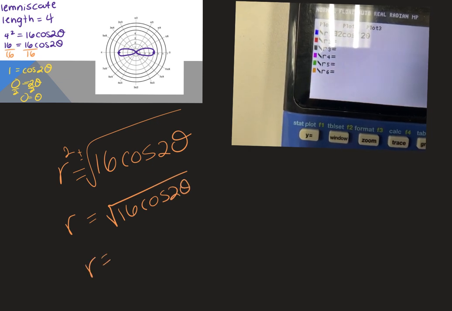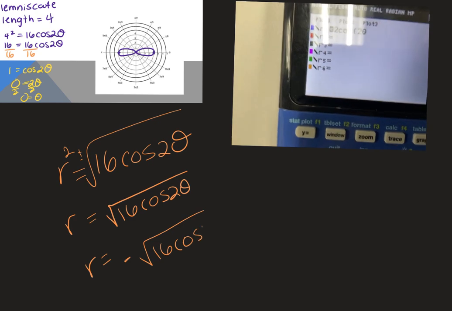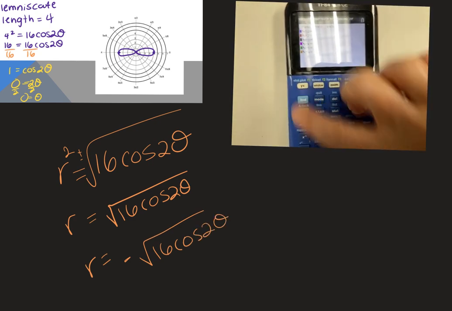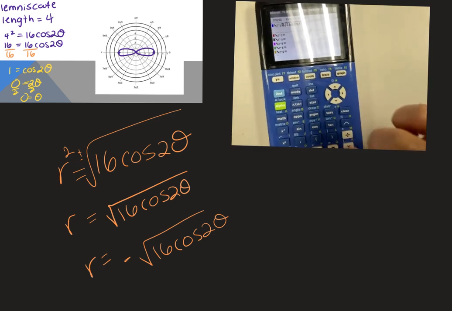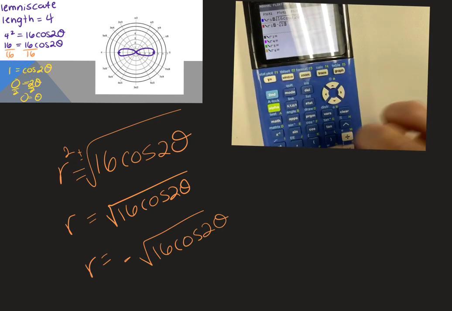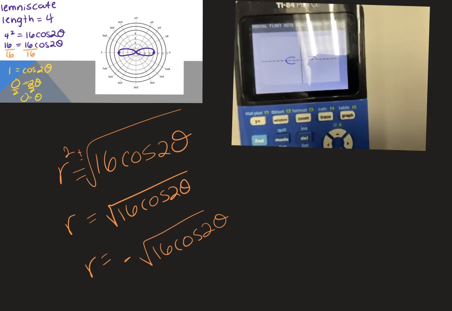And on the other r, I'm going to get negative square root of 16 cosine 2 theta. And then it will give you both sides of your lemniscate.